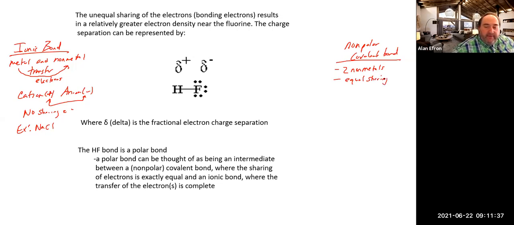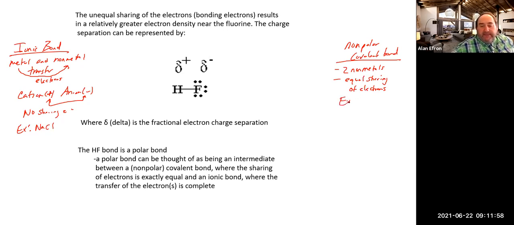So everybody's happy, everybody's equally sharing those electrons. Again, think of the tug of war: they're pulling on the rope exactly the same, nobody's pulling more than somebody else. We get an almost neutral bond, with really no difference in charge on one side or the other.